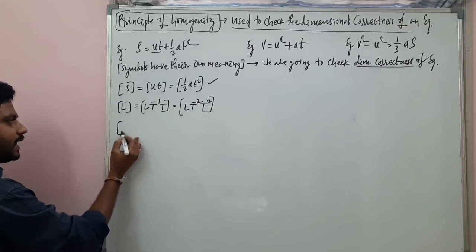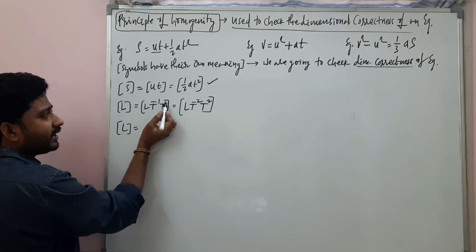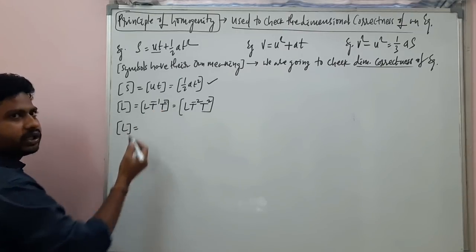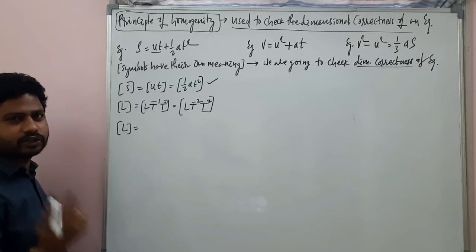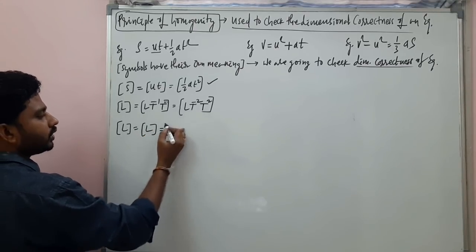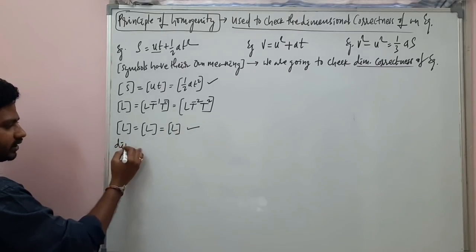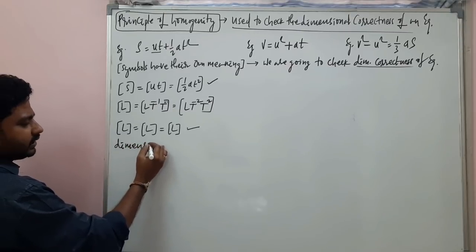So this is L, which is equal to L, T to the power minus 1 plus 1, so T to the power 0, which is 1. Remaining is only L. Here also remaining is only L. So the given equation is dimensionally correct.